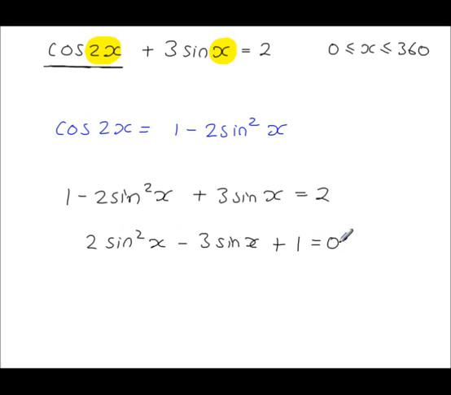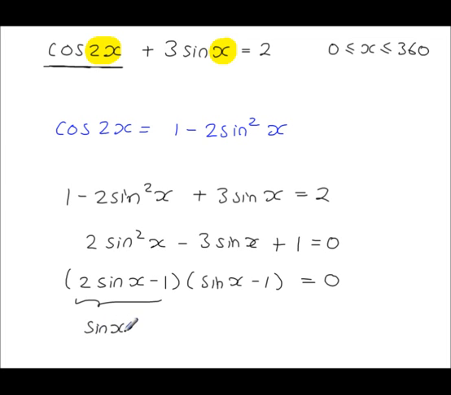This is a disguised quadratic which can be factorized as this. So from here we've got 2 sine x minus 1 equals 0, so sine x is equal to a half.